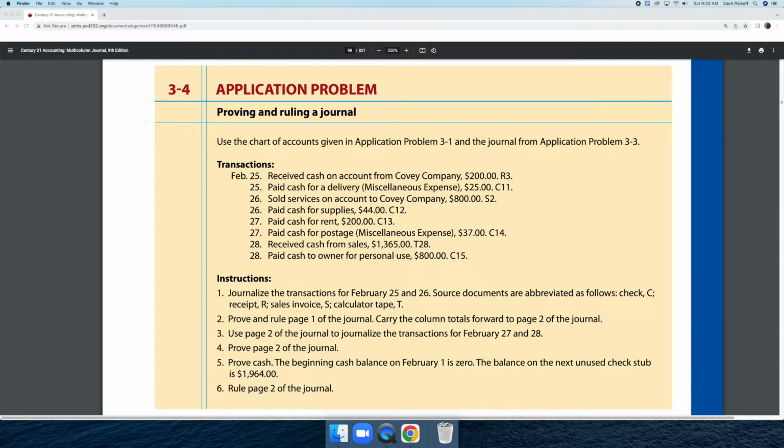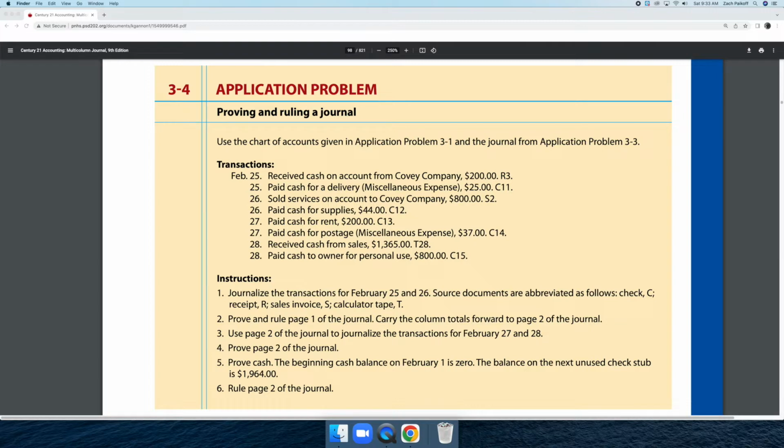Number 1 is asking us to journalize the transactions for February 25th and 26th. Source documents are abbreviated as follows. Check C, receipt R, sales invoice S, and calculator tape T.